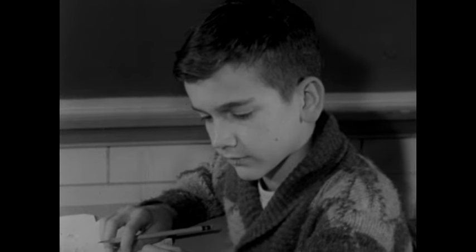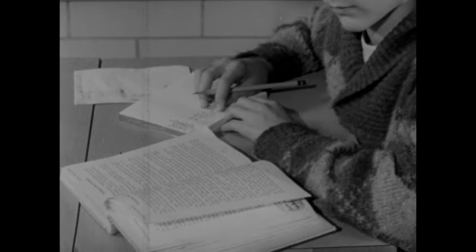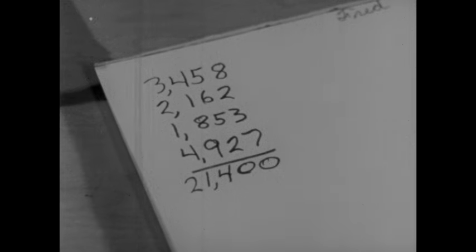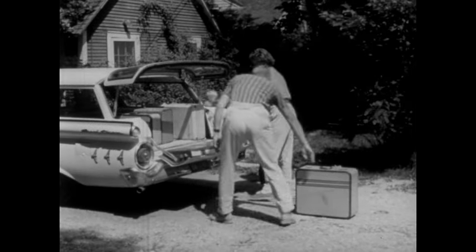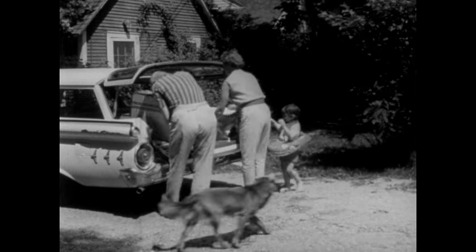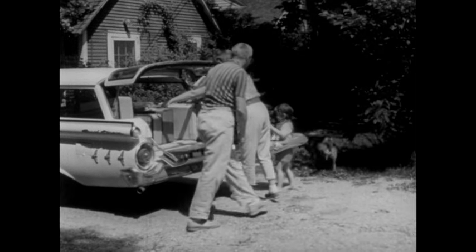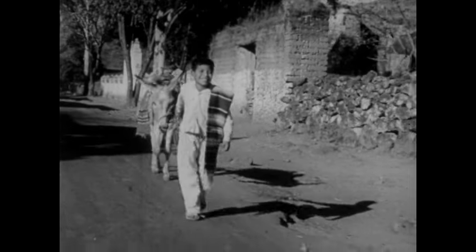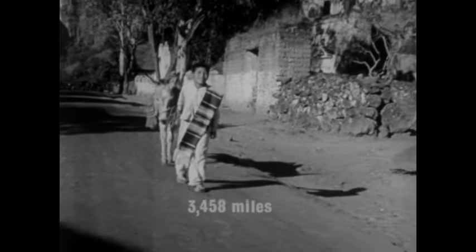Now we'll see how rounding off can help you estimate answers in arithmetic. Let's look at the column of figures Fred added incorrectly. These figures are meant to solve a problem about the Green family. The Green family has taken 4 long summer trips. One year they went to Mexico and traveled 3,458 miles.